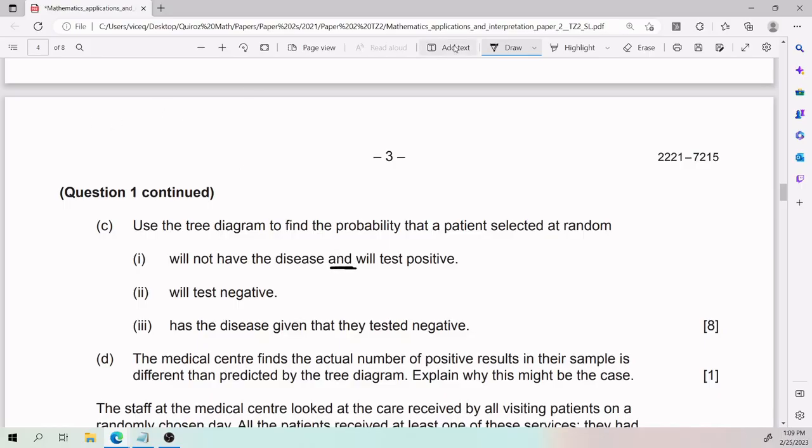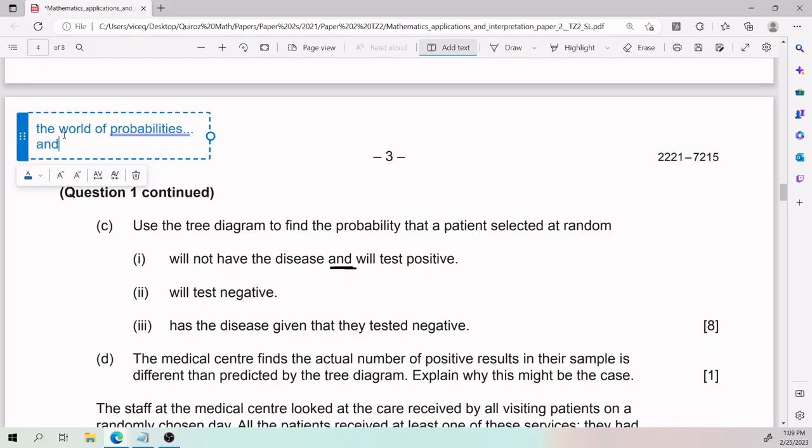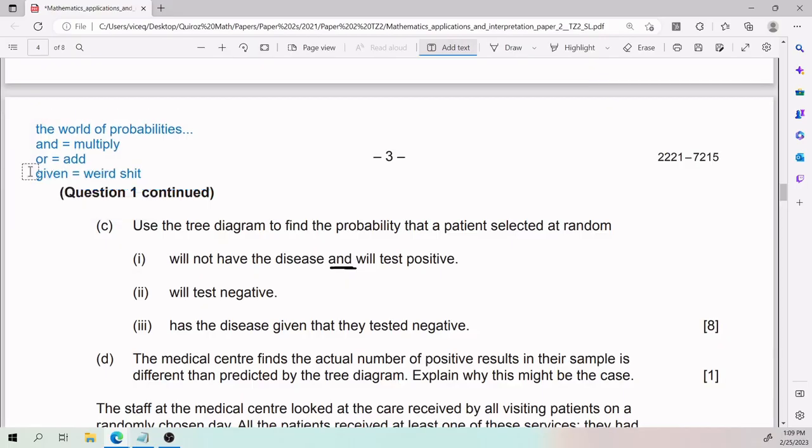In the world of probabilities, "and" is going to be a sort of multiply, and "or" is going to be a sort of add. Later on, we have "given", which is kind of weird. But I'll go over that later. For now, let's focus on "and" and "or".